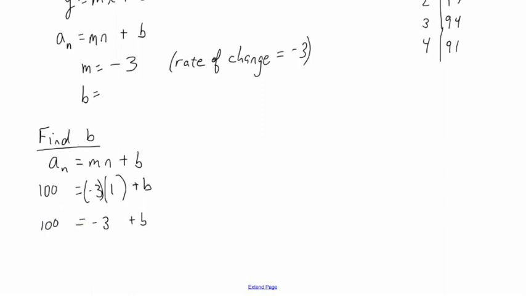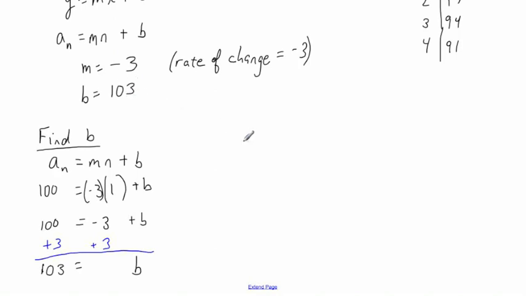And to solve for b, I simply add 3 to both expressions. This will leave me with, in the left-hand expression, 100 plus 3, which is 103. And in the right-hand expression, just b. So I find that b equals 103.